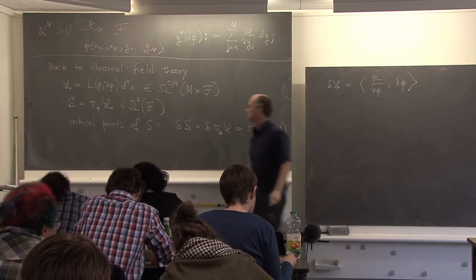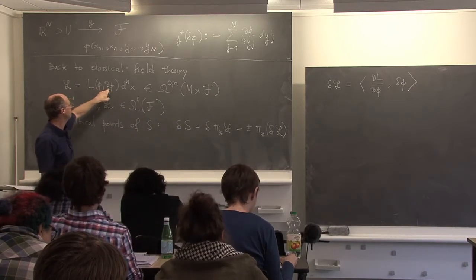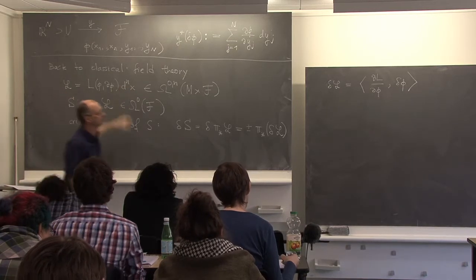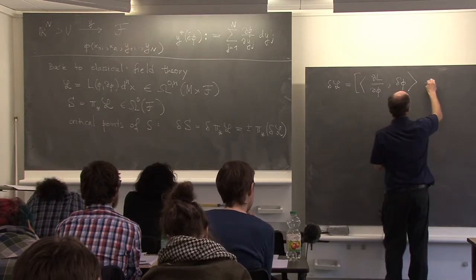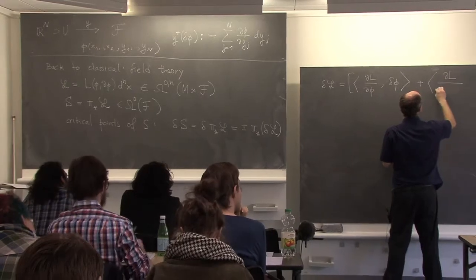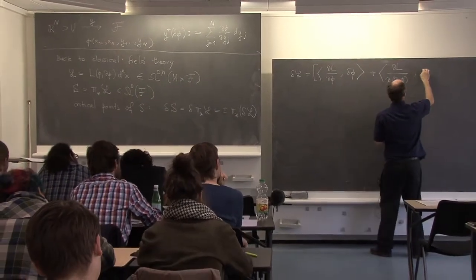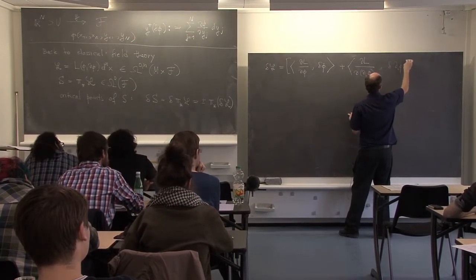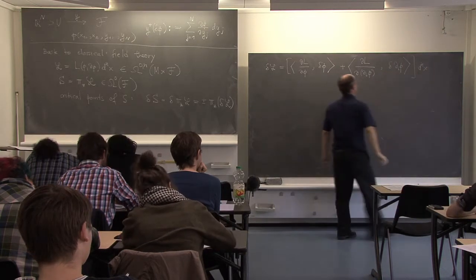So L consists of a polynomial which depends on phi and d phi, and it has this n form part. So that's what we get here, right? That's roughly the same computation that we had before. And here we have delta d_i phi, and here dnx.